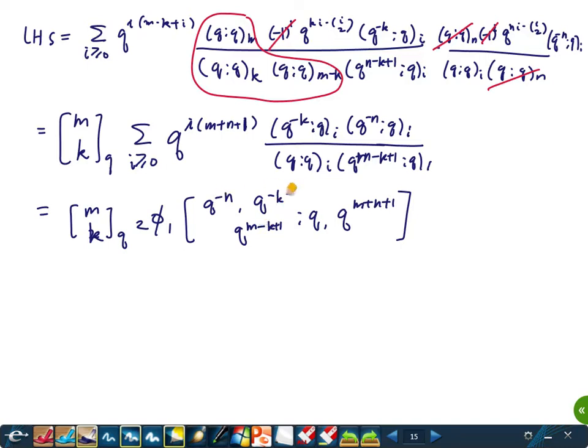This divided by this and this. If this is A, B, and C, and this is, you can see, C over AB. Oh, or this is, let's just leave there. This is Q, C, Q to the N over B. Okay? So it is a product. So here we use the Q Vandermonde. N plus 1.